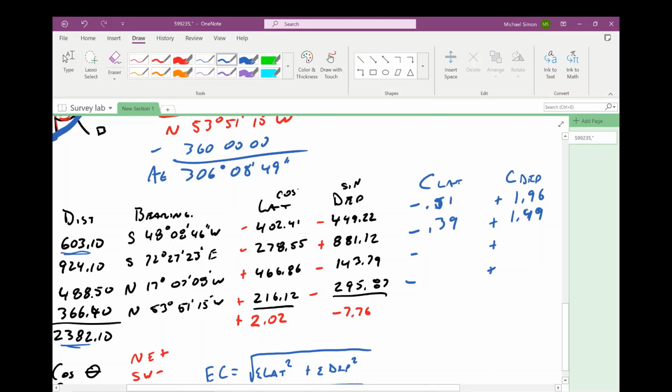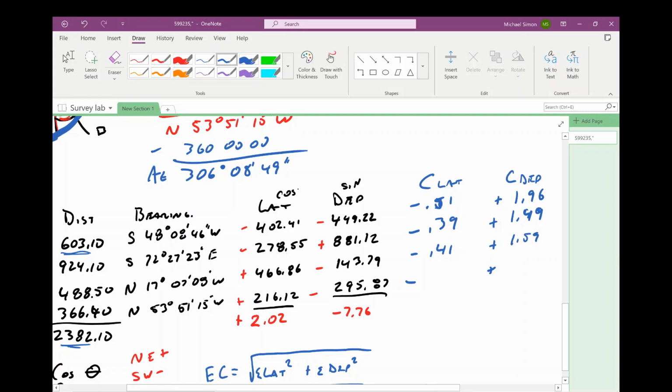488.5 divide 2382.1 times 2.02, 0.41, and 1.59.